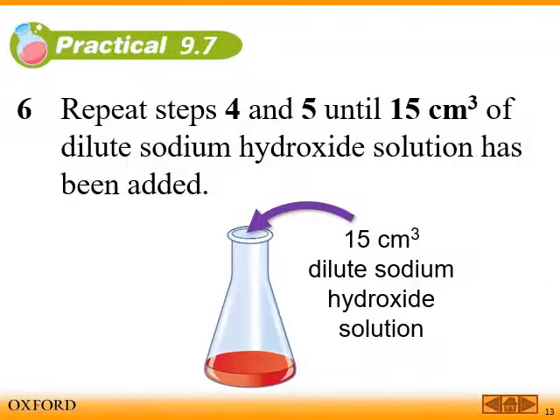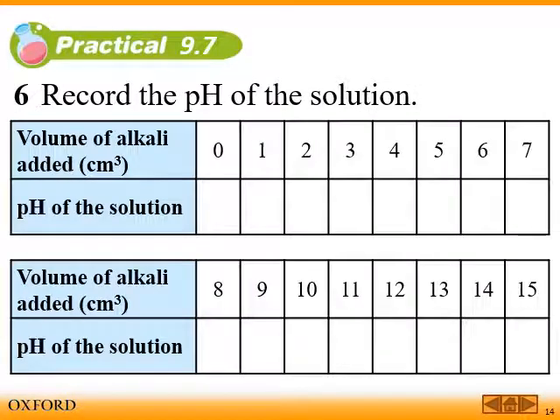Repeat the steps until 15 cm³ of dilute sodium hydroxide has been added. That means we have to add 15 more times the sodium hydroxide solution into the conical flask. Again, observe the color change of the solution. Record the pH of the solution in this table.